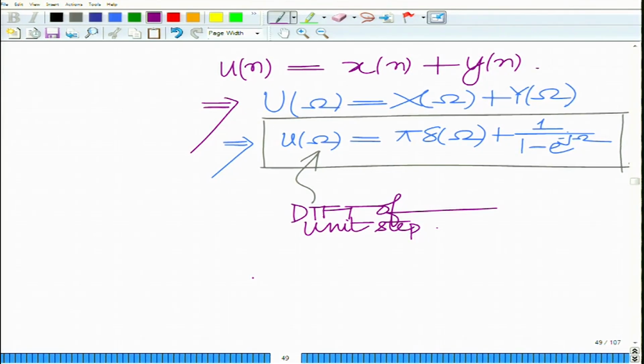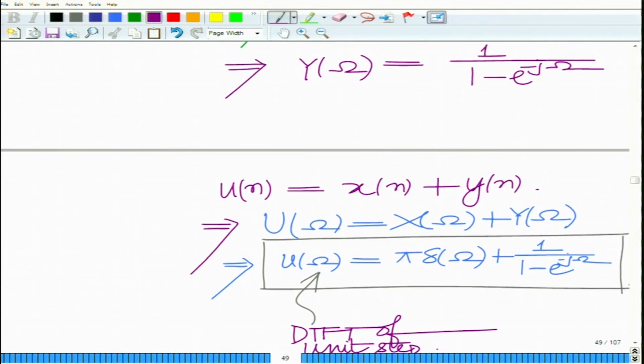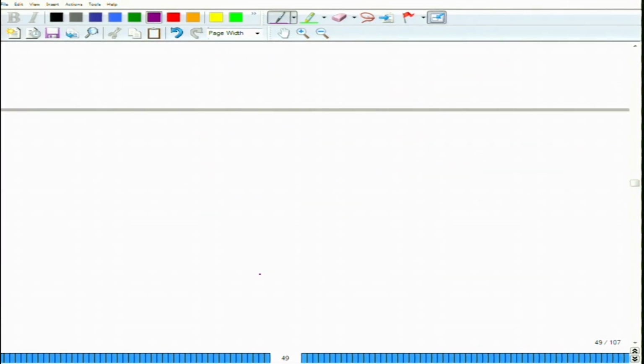Okay. All right. Now, let us look at the next property, which is the accumulation property. So, continuing in the same example, what is the accumulation property? Consider y of n equals summation k equals 0 to n x of k.